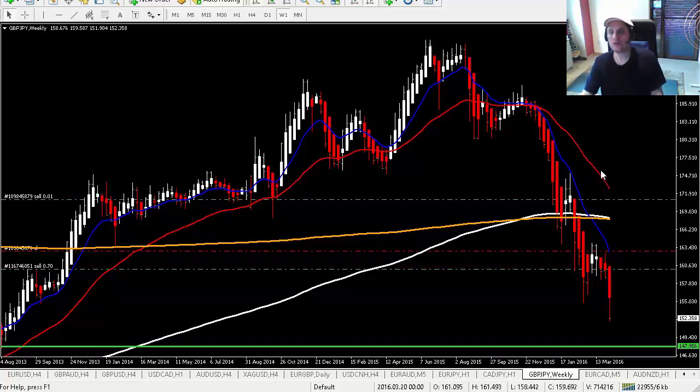One thing we always have to remember is that the 36 EMA and all the EMAs are indicators that are lagging. They're always late, and the only reason we use them is just to help us identify a trend, a range, and a direction, plus an area of support and resistance generally.